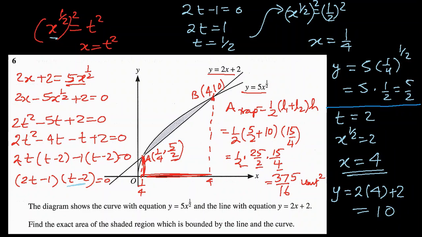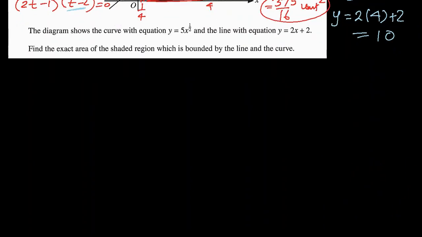Now we'll have to find the area under the curve and subtract the trapezium's area from that area. So let's find the area under the curve, 5x to the power half. And for that we'll have to integrate it.